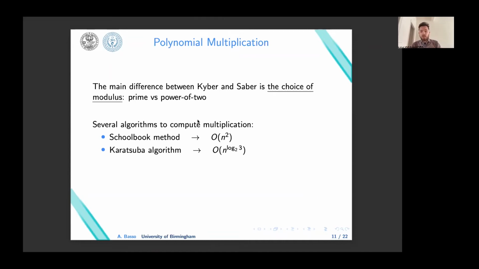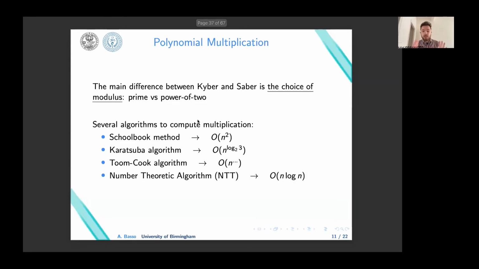The same approach can also be generalized with the Toom-Cook algorithm, which achieves even better complexity. But the most efficient way to compute polynomial multiplication is through the number theoretic transform, which has complexity n log n, and this can compute polynomial multiplication quite a bit faster than the other methods.